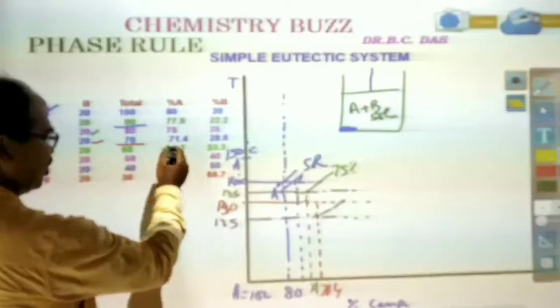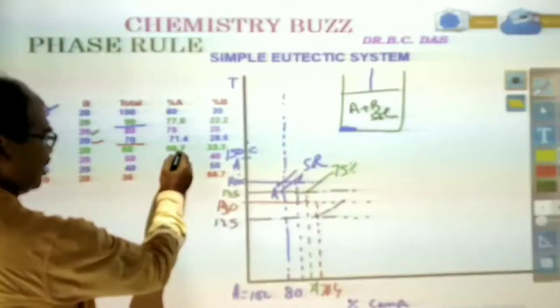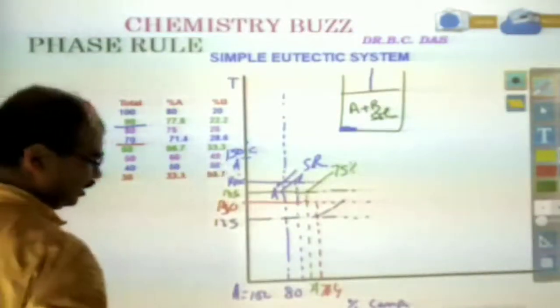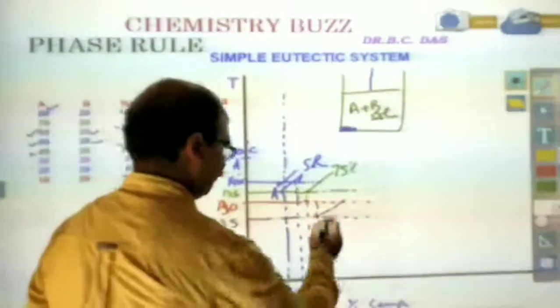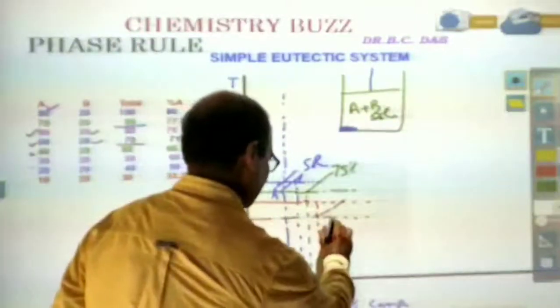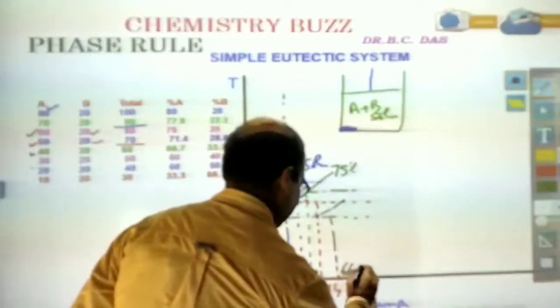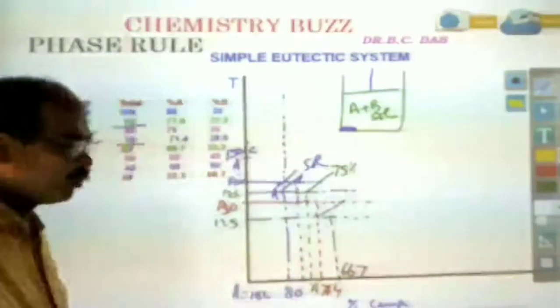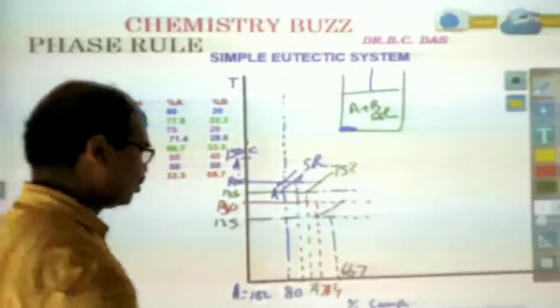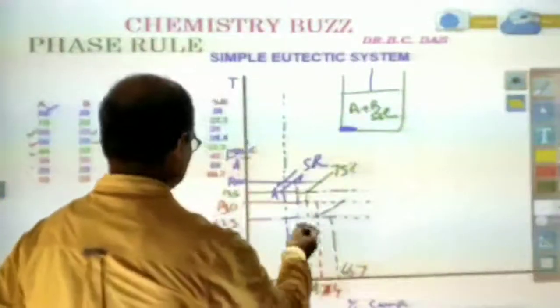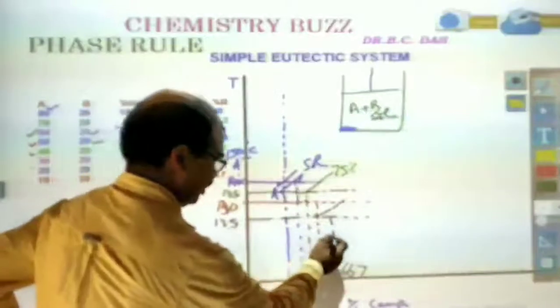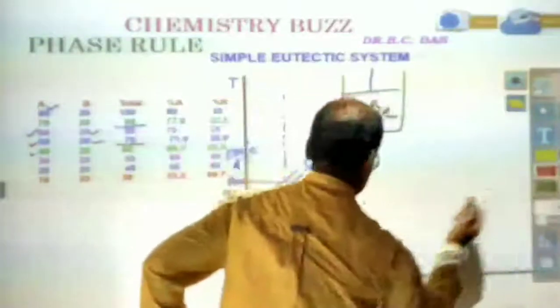So the percentage composition becomes 66.7 and 33.3. So somewhere here, that is 66.7% of A in the solution. So the freezing point will be somewhat here.